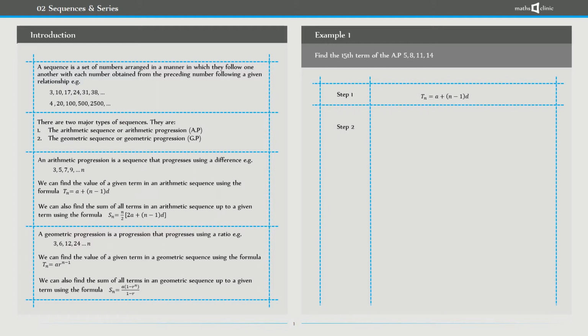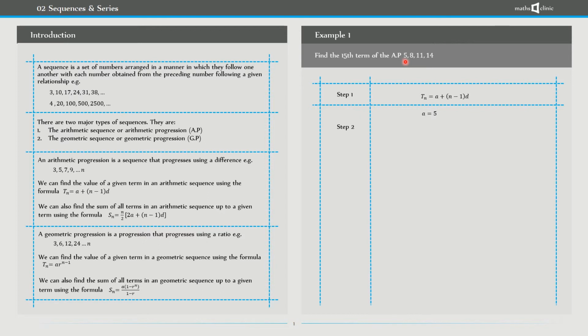Okay, and then the next thing we need to do is identify our parameters. Okay, so we need to know what a is, what n is, and what d is. So we have that in this case a is 5, okay, because 5 is the first term of this progression.